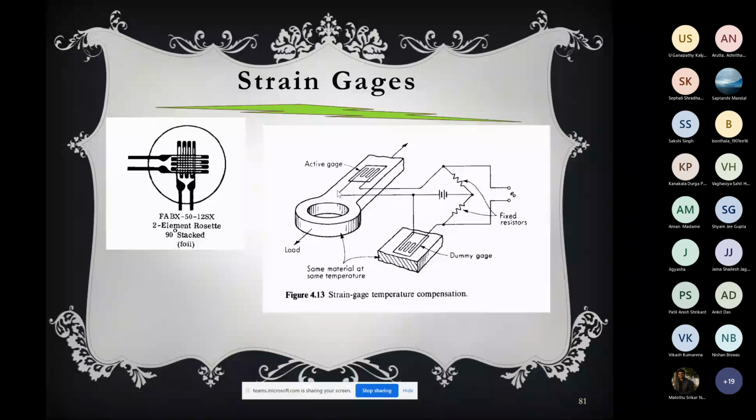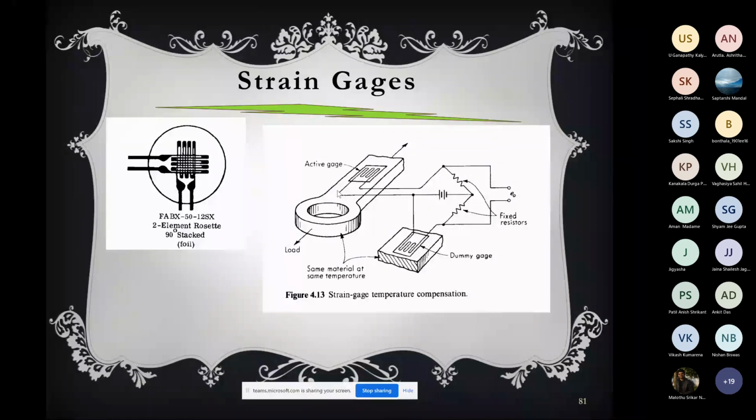That means the same material, but there is no strain in it, and we place another strain gauge on that dummy material, which is called the dummy gauge. So as the temperature changes, the change in resistance in the dummy gauge as well as the active gauge are the same and they nullify each other.